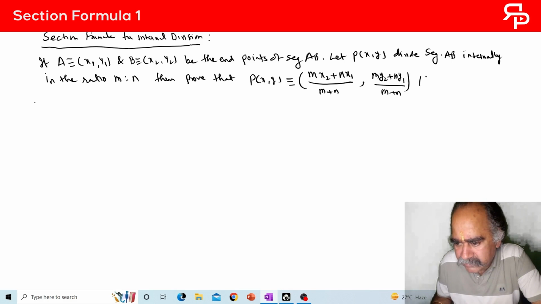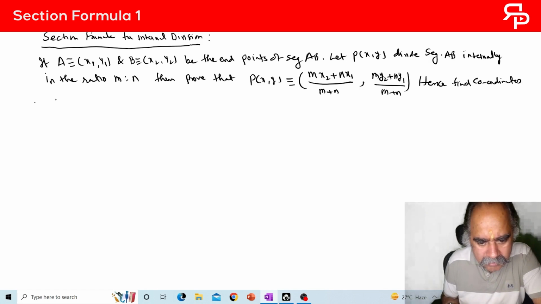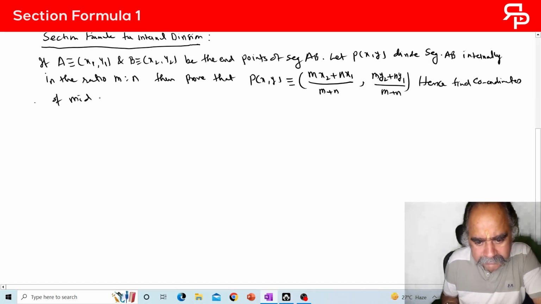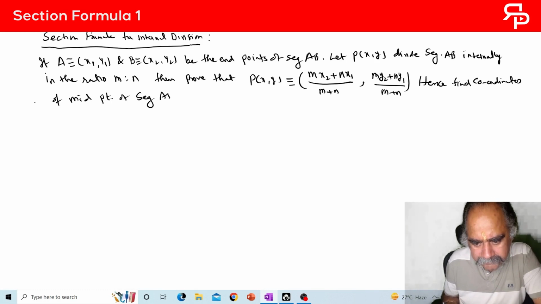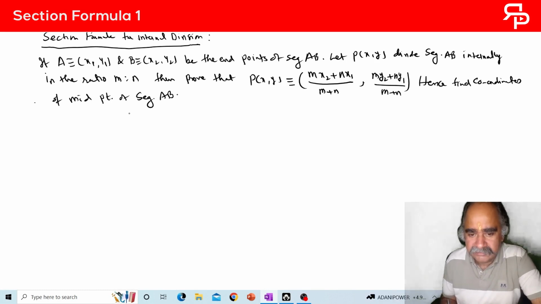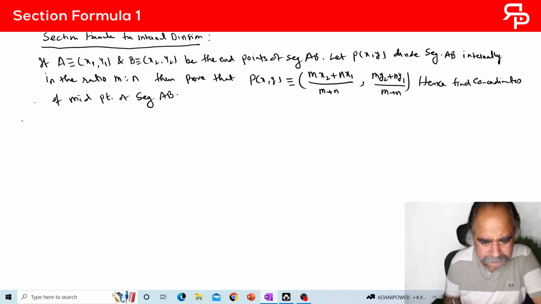Hence find coordinates of midpoint of segment AB. That gives the midpoint formula. Proof.